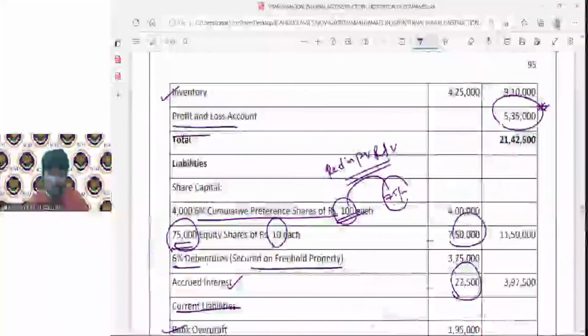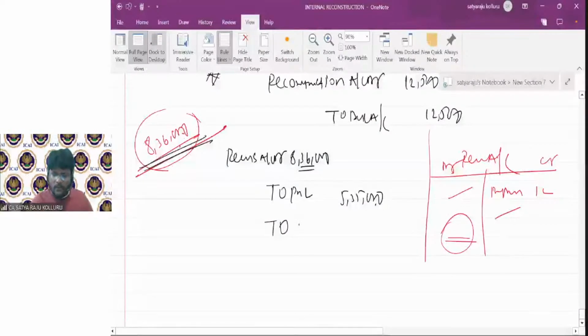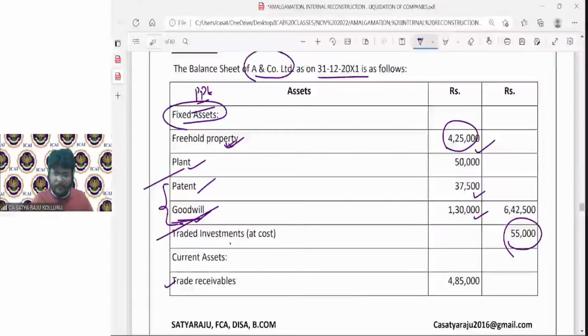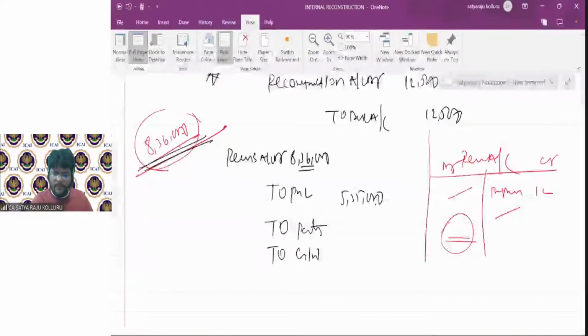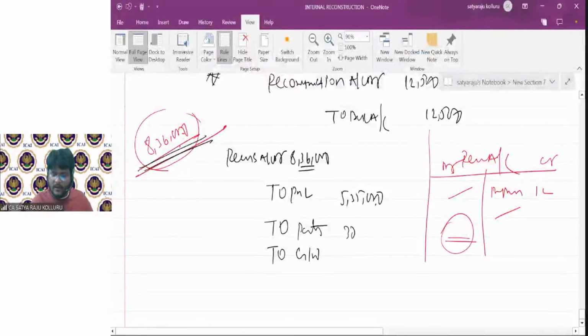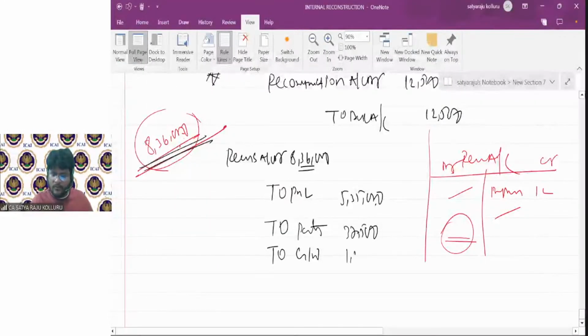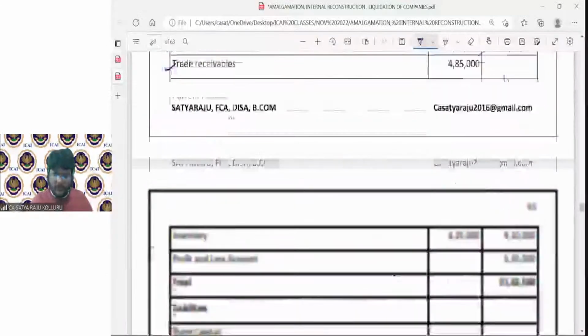Patents and goodwill. With which values do we have? Patent 37,500, goodwill 1,30,000. Fine. Next, come down.